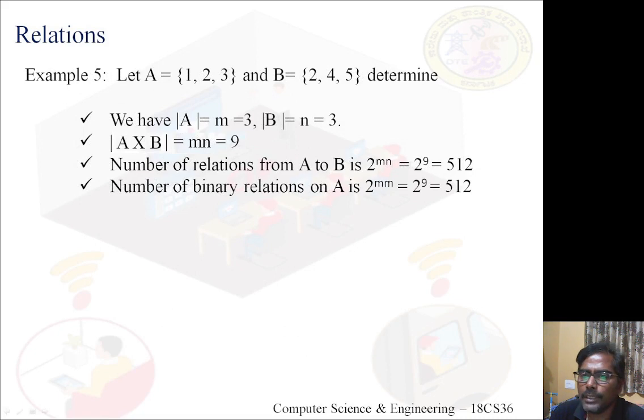Now, in this example, let me see. Suppose you are given two sets with a few elements and you are asked to determine how many relations there are from one set to the other set. Okay, so let me see how to solve such problems. We are given set A with three elements 1, 2, 3, and set B with three elements 2, 4, 5.